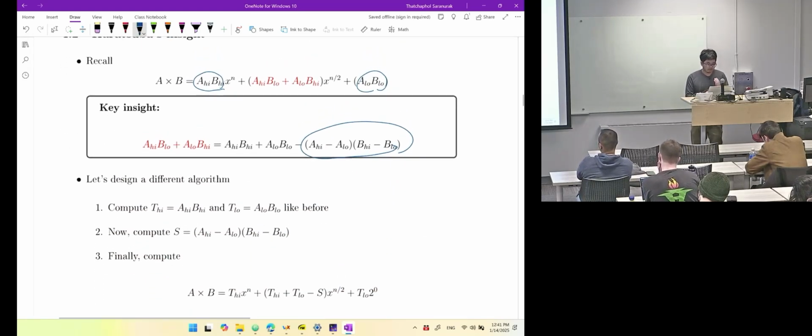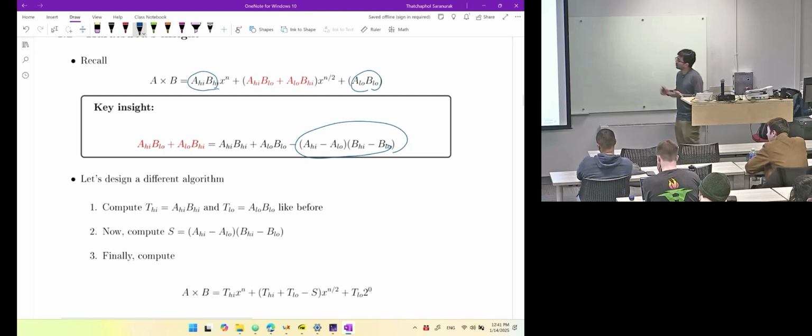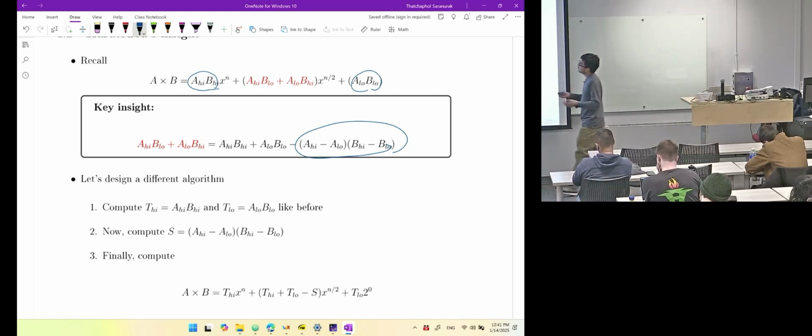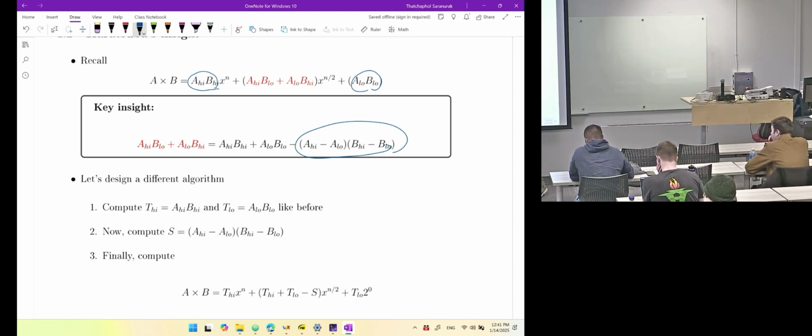So just from this key insight, it leads you to a new algorithm immediately. How? Just compute A high times B high and A low times B low, and then compute the third guy here. How to compute the third guy?